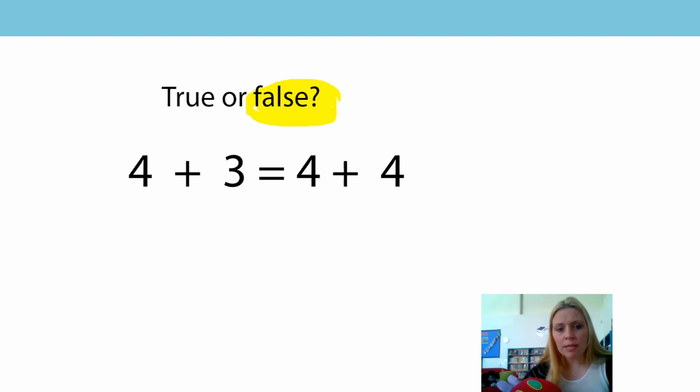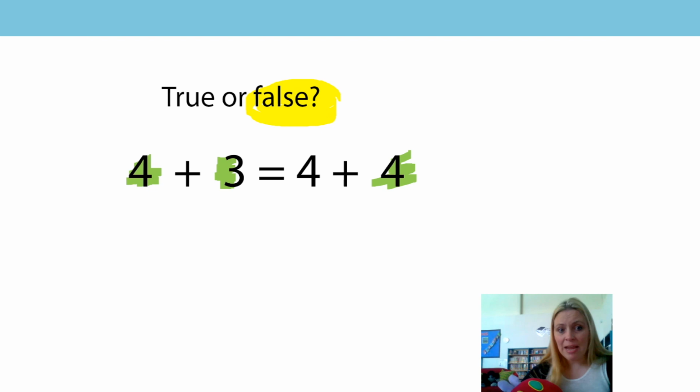Look, on this side, I've got a 4 and a 3. And on this side, ooh, I have got a 4, but I haven't got a 3, have I? Got another 4.